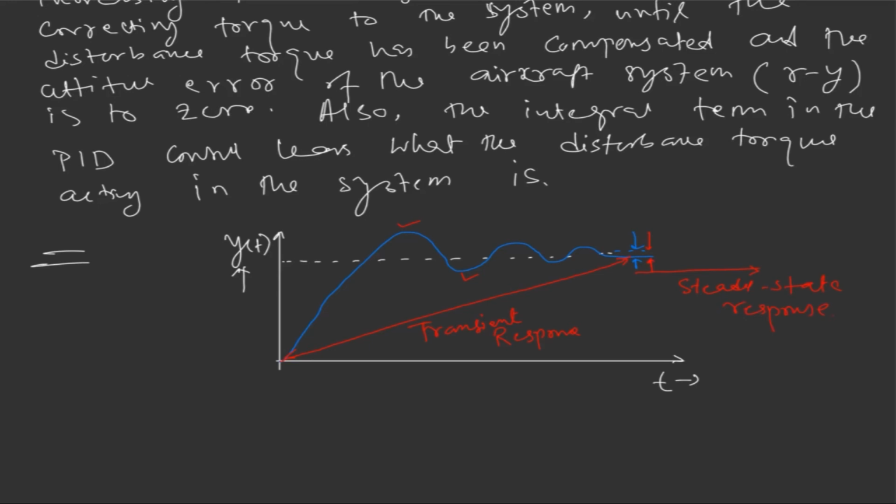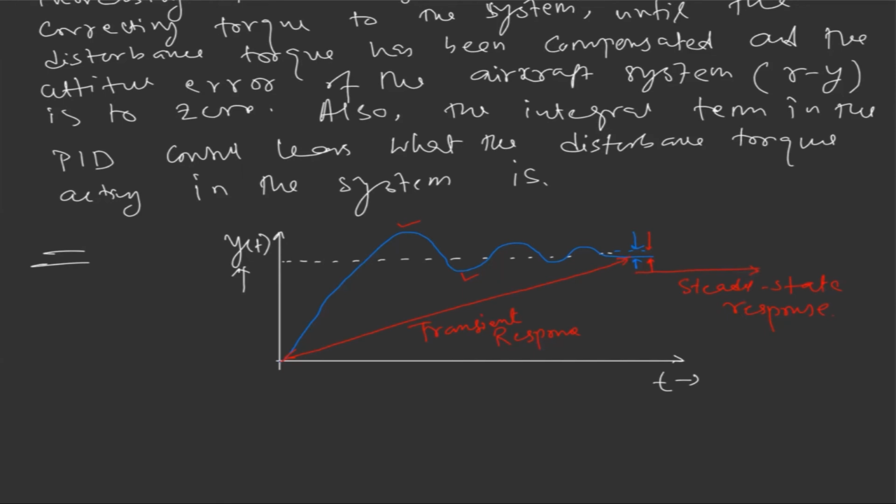Now we have to design the controller in such a way that we can improve the transient response as well as the steady state response. How will we design the controller precisely so that our mission objective is met?